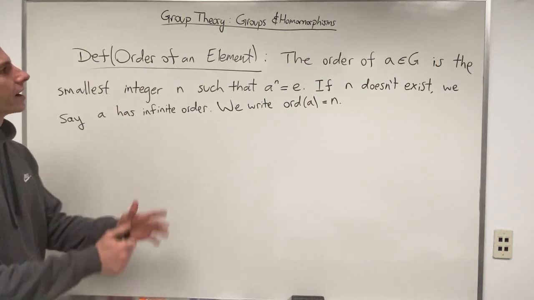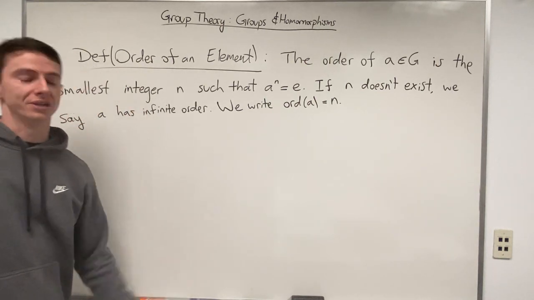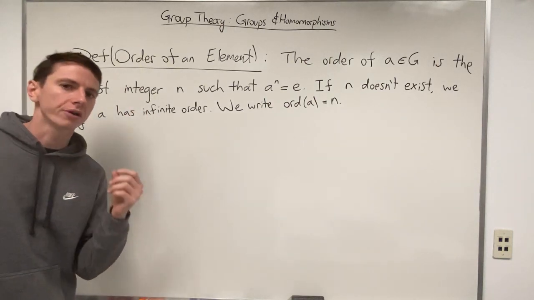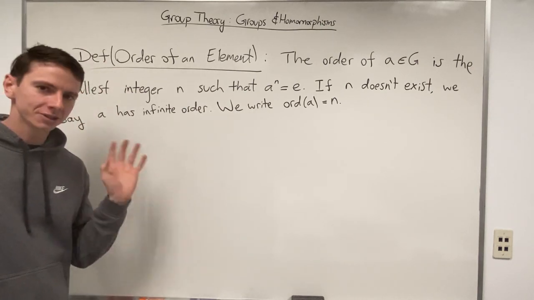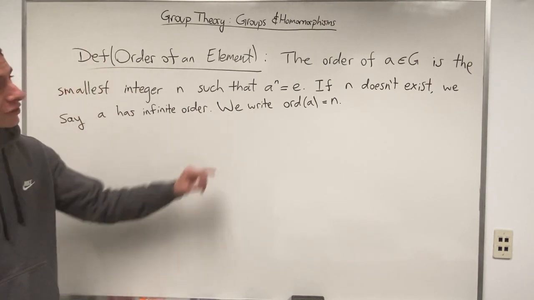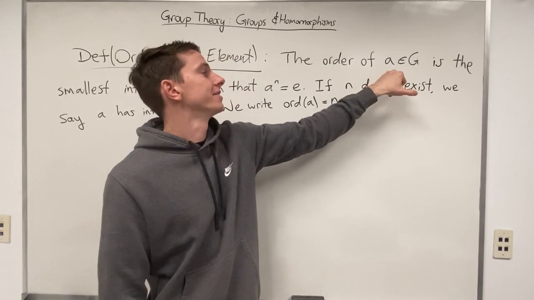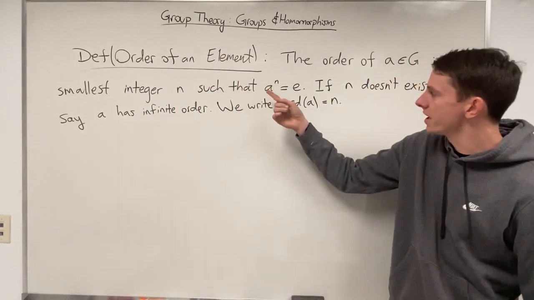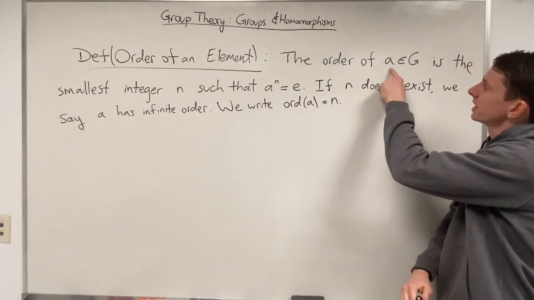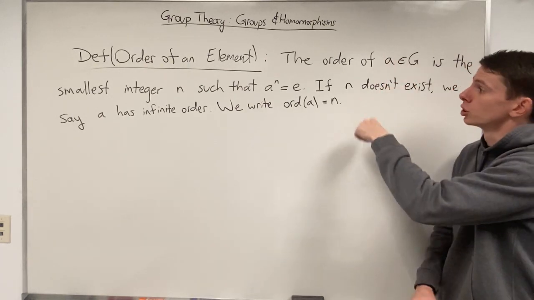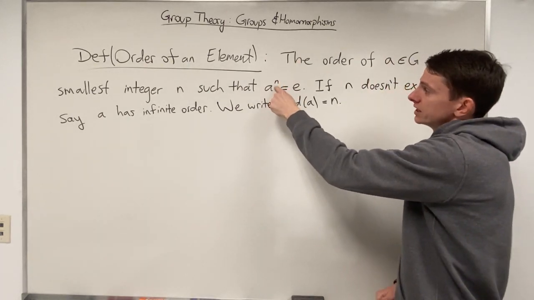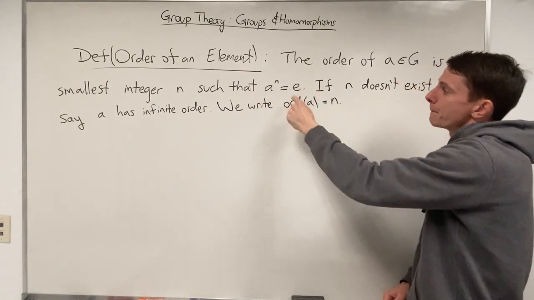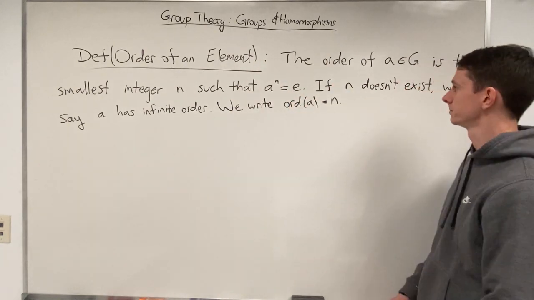Okay, so we have the order of an element right here, which is different from the order of a group. So let's go through that. It says that the order of an element A of G is the smallest integer n such that if we take this element A and raise it to the nth power, it's going to be the smallest power such that we get back to the identity element.